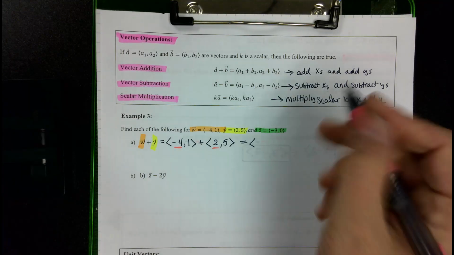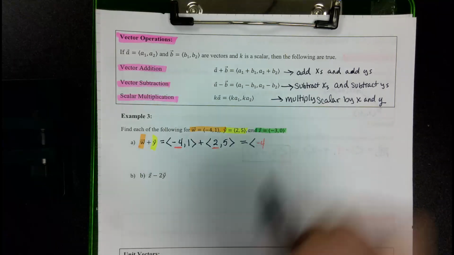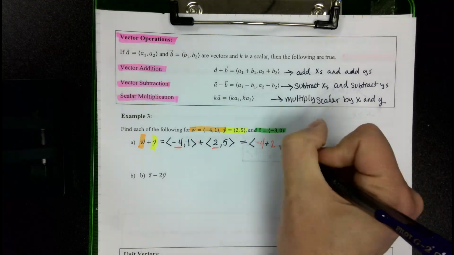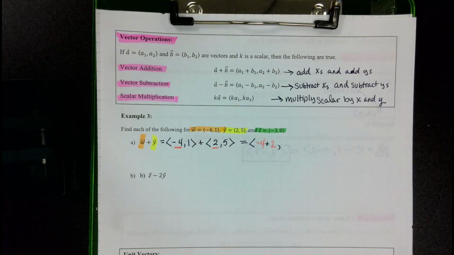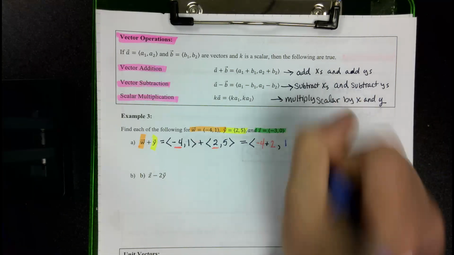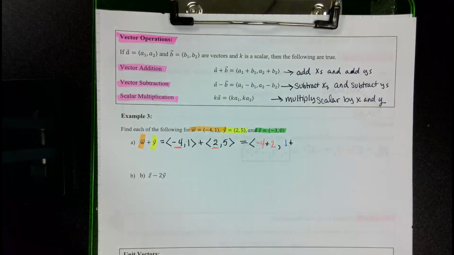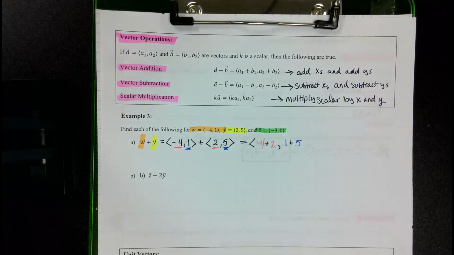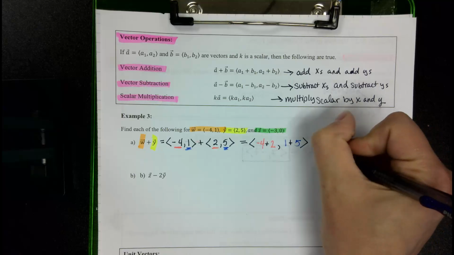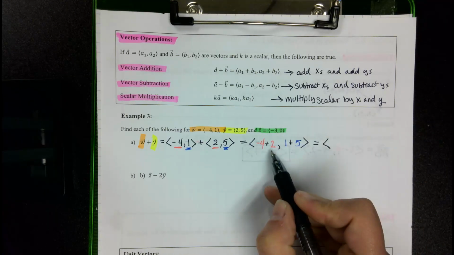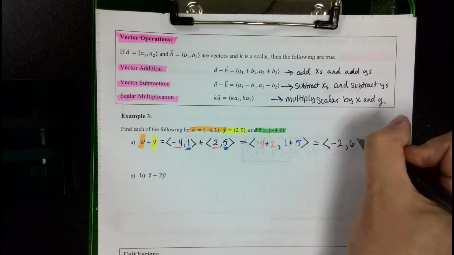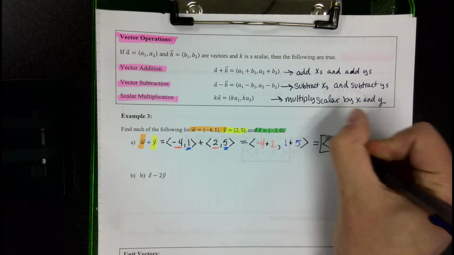So I'm going to do negative 4 plus 2 for the x. And then for the y, I'm going to do 1 plus 5, because those are the y values, 1 and 5. So this gives me vector negative 4 plus 2 is negative 2, and 1 plus 5 gives me a 6. And that's my result.